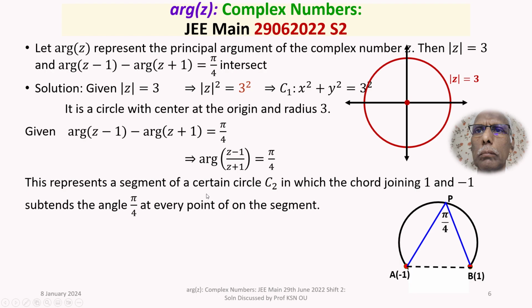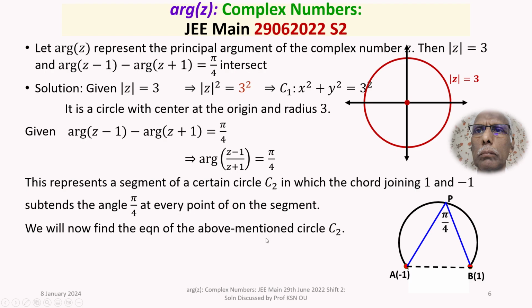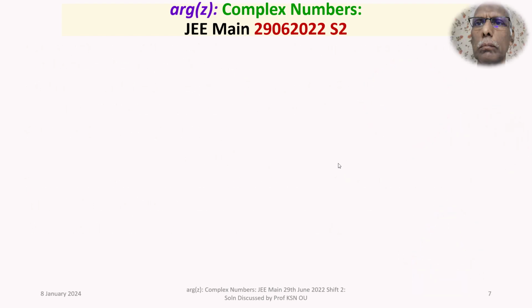Now, we said certain circle C2. What is that circle C2? We want to find it, so we will now find the equation of the above mentioned circle C2. We take argument of z minus 1 minus argument of z plus 1 is equal to pi by 4, and for z, let us write x plus iy.